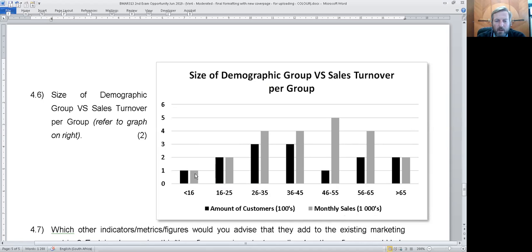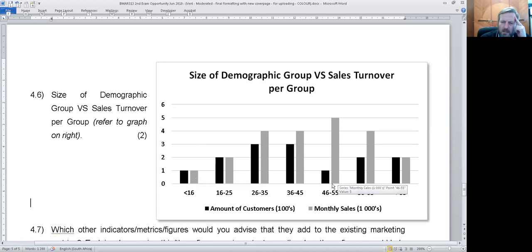If we compare these two, sorry for going back on myself, I need to make this clear. You've got 100 customers and the sales units is 1,000. So that implies people younger than 16 spend on average 10 Rand. That's their basket size. That's not a good thing.